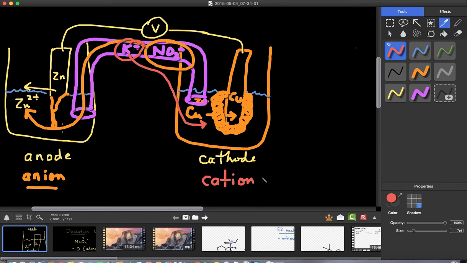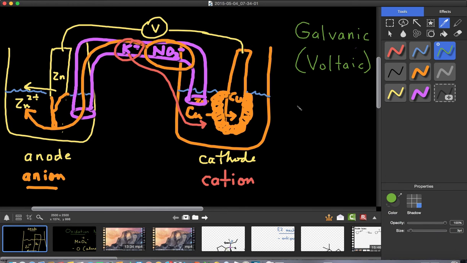Now, the electrons are lost from the anode and gained at the cathode. Therefore, this kind of cell is called a galvanic cell, sometimes also called a voltaic cell, and these are just named in honor of the two Italian physicists who did much of the initial work of establishing electrochemistry as a science, Galvani and Volta. In fact, the word volt is also in honor of Volta.